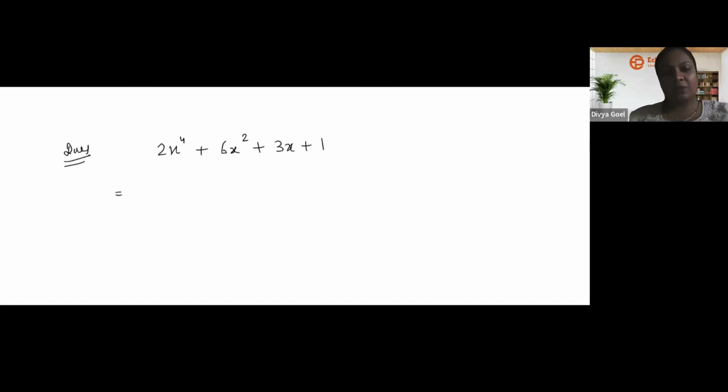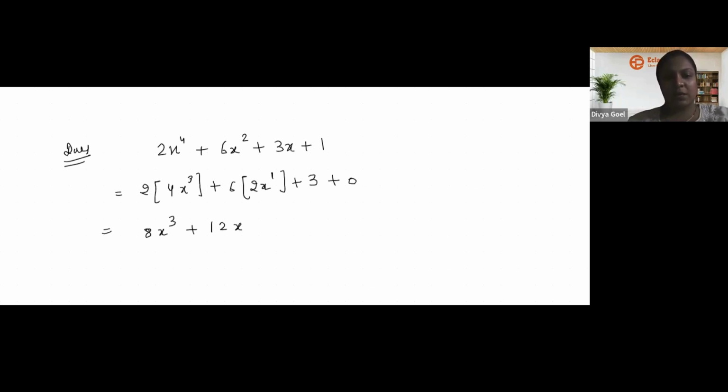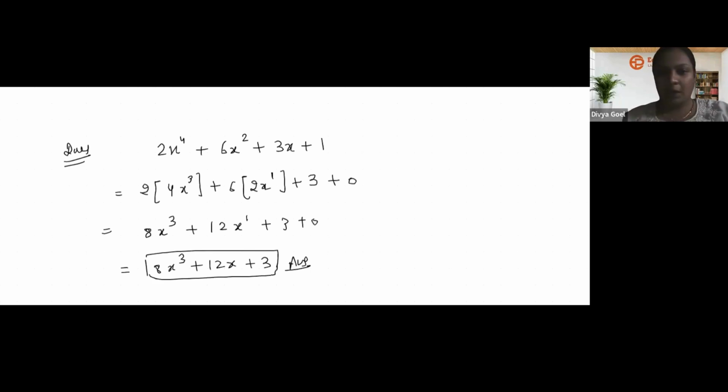Now 4x, 4 minus 1, 3, plus 6 separately. 2x, 2 minus 1, 1, plus the differentiation of 3x is 3 and the differentiation of 1 is 0. Now 4 multiplied by 2 is 8x cubed. 6 multiplied by 2 is 12x, plus 3 plus 0. So the answer is 8x cubed plus 12x plus 3. That's the answer. I hope it's clear to you.